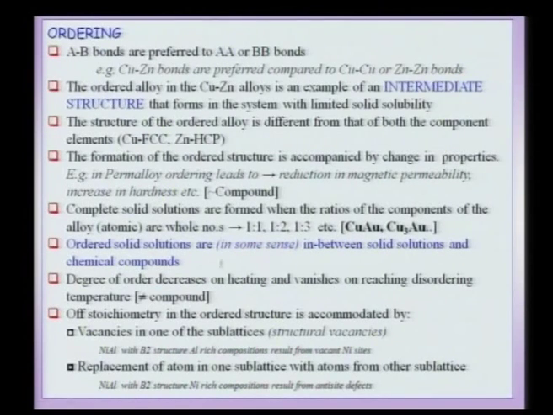This is an important thing to be noted. The degree of order decreases on heating and vanishes on reaching a disordering temperature, and in this sense it is not like a compound. In other words, and of course I will tell a little more about what I mean by order and degree of order, how we define degree of order, and what I mean by this word order also. But the important point to note is that this disordering does not take place at a single temperature usually.